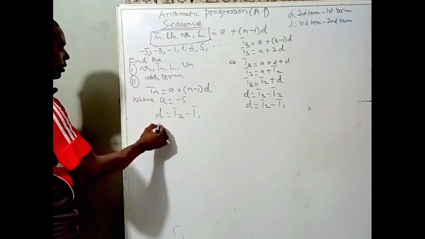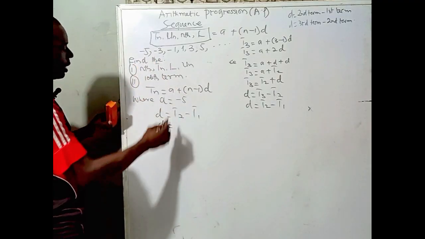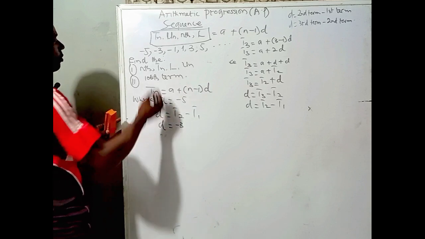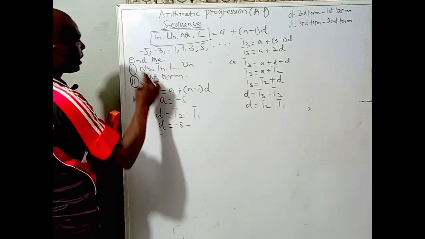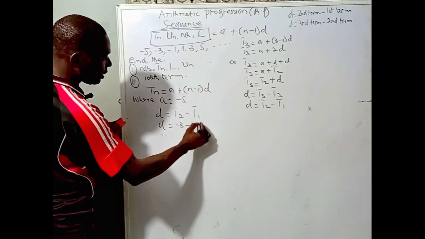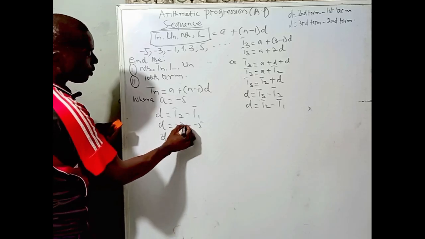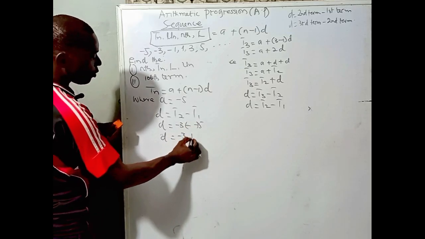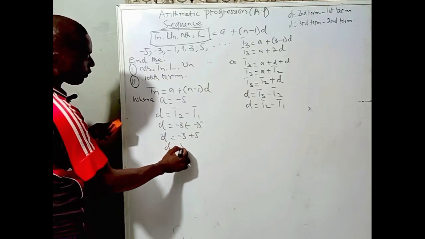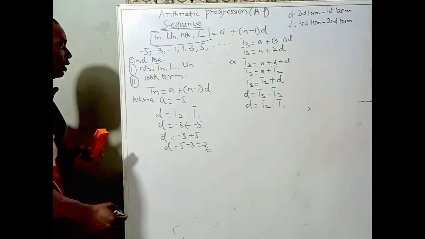The second term, t2, is negative 3, minus t1, which is negative 5. So d equals negative 3 minus negative 5. Negative negative together become positive. So d is minus 3 plus 5, which means 5 minus 3, and that gives 2. So the common difference is 2.